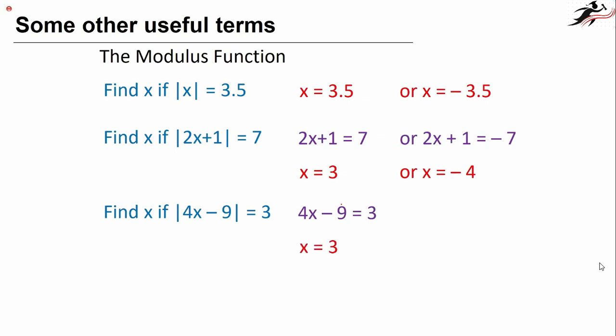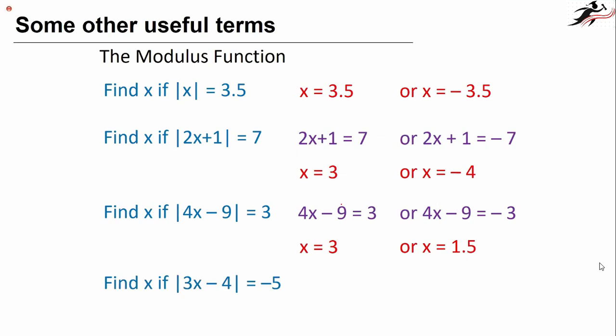So I get x equal to 3 or x equal to, what would be the other value? 1.5 or 3 by 2, correct. 3 by 2, not 2 by 3. Okay? Tell me this.